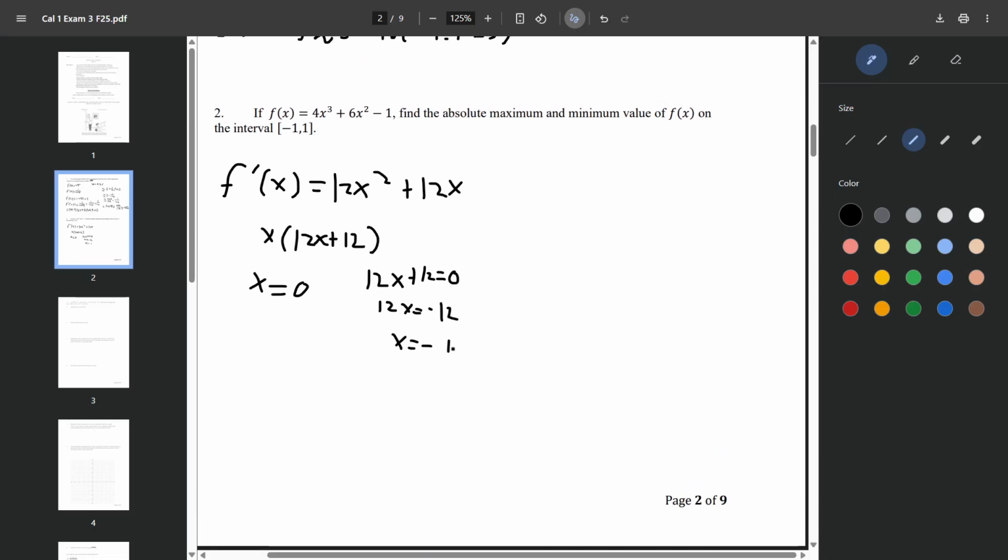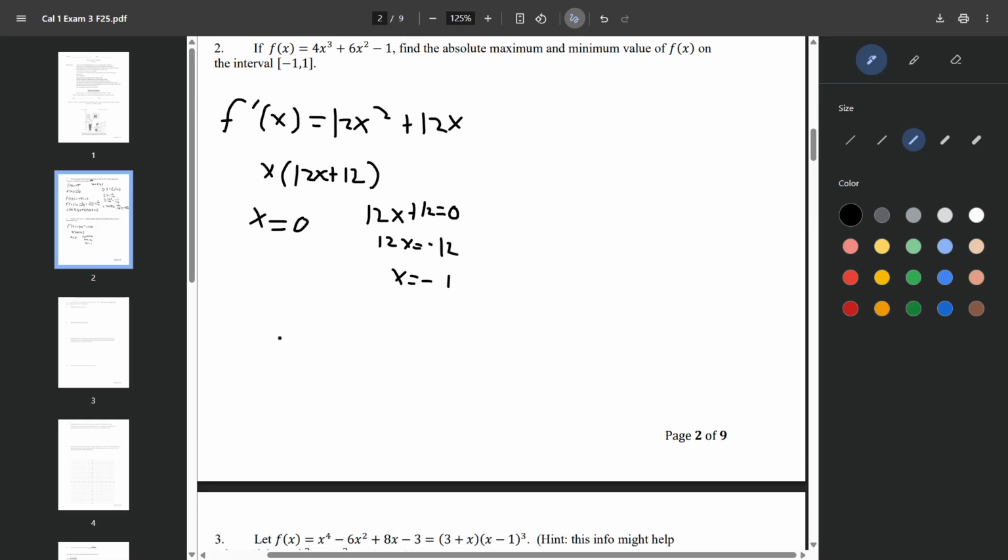And this just double checks that our slope does equal 0 at x equals -1. So we're going to need to find f of -1, f of 0, and finally f of 1.